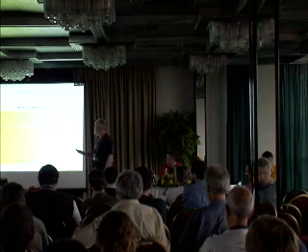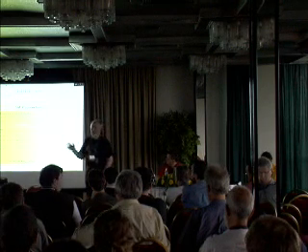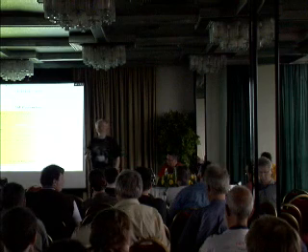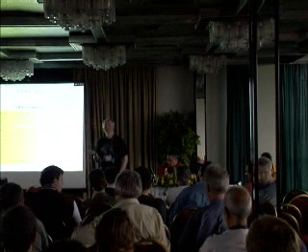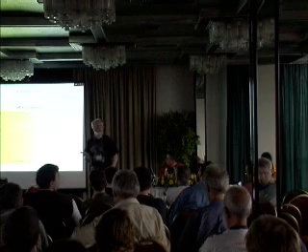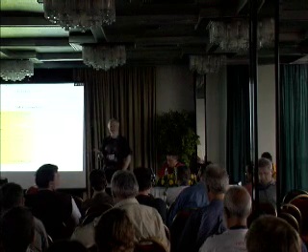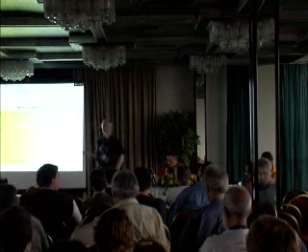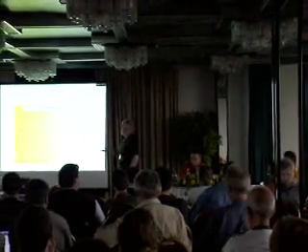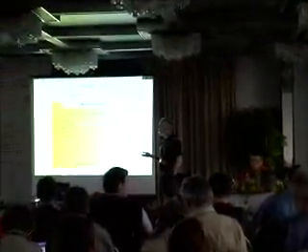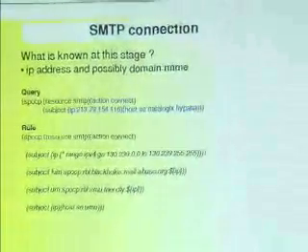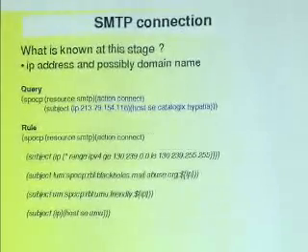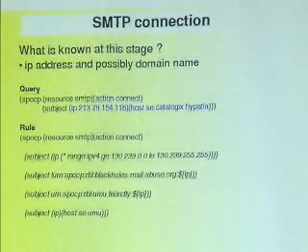Doesn't matter what it is. On the other hand, you can define which real-time black hole lists you want to talk to. You can put in your own DNS and say, okay, I allow these guys. And then you can do a check from that. Or I can say that it doesn't matter which IP number you have. If you come from this domain, it's okay. So these are the types of rules you can put up at this stage.